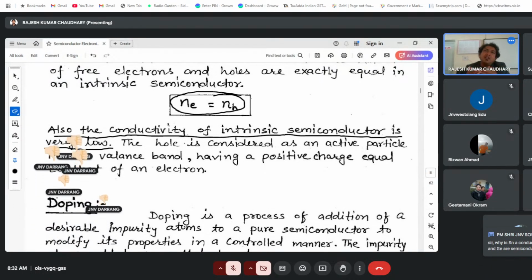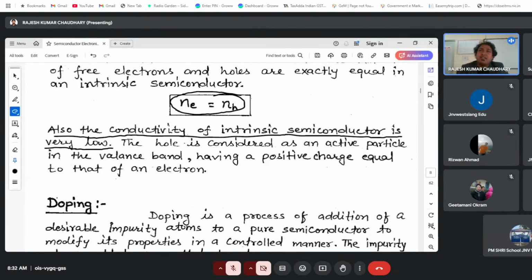So to make intrinsic semiconductor more useful, we dope it. Got it? One more example that you can imagine is that suppose a child took birth and we just close that child inside a room.